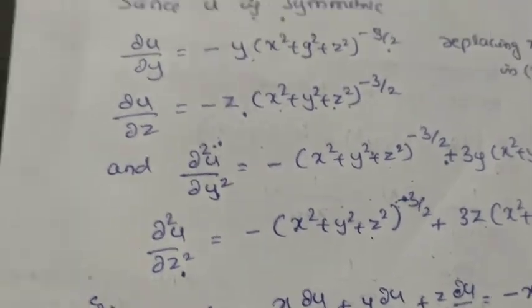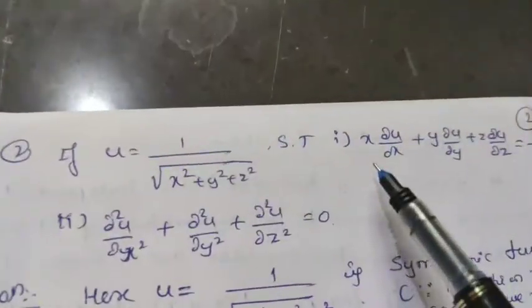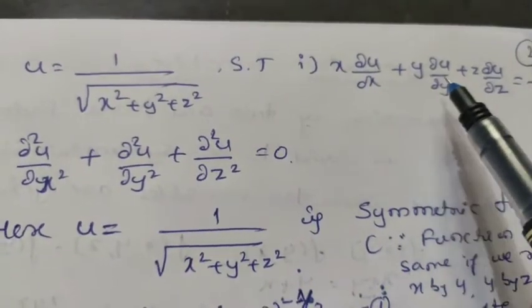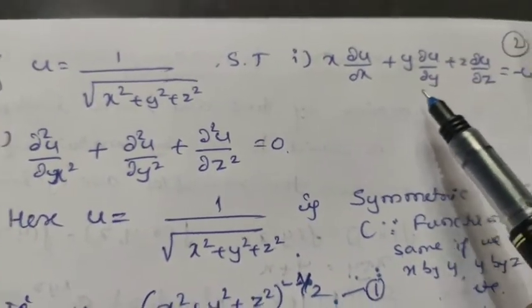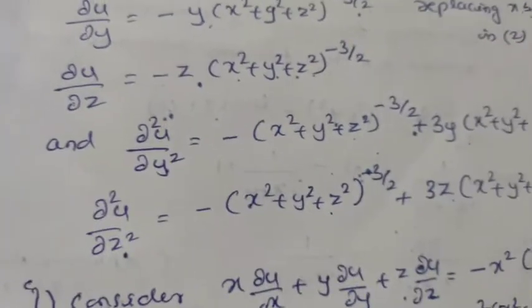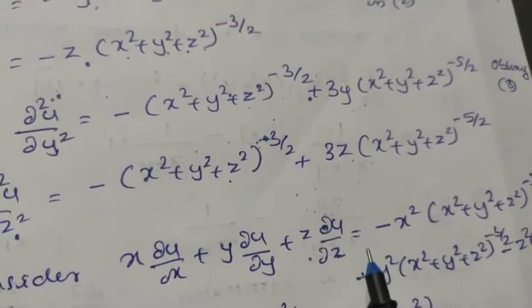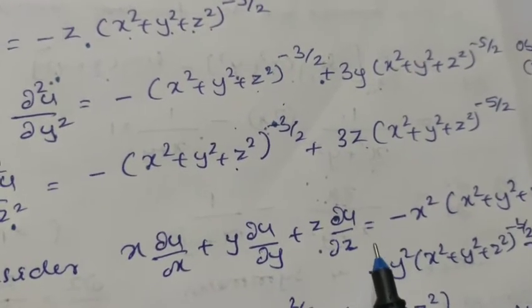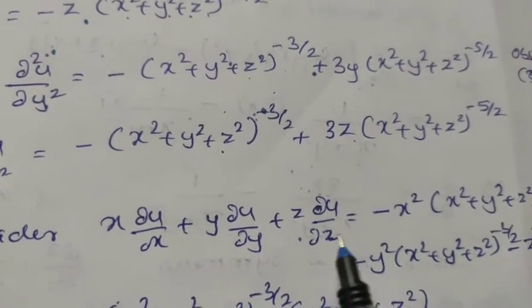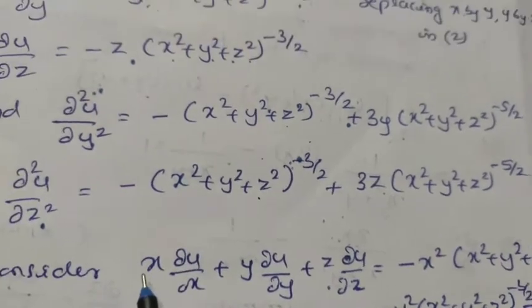Let us consider the first one. So here we want to find x ∂u/∂x + y ∂u/∂y + z ∂u/∂z. First we consider this one, and similarly we take the values from equations 2, 3 and 4. Just multiply each term, that is ∂u/∂x, with x.